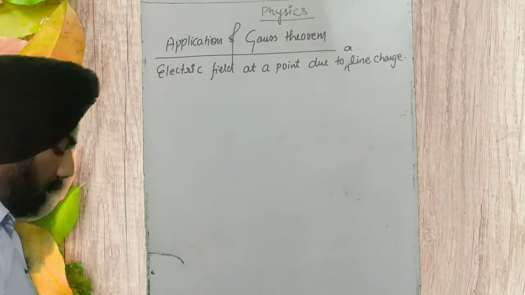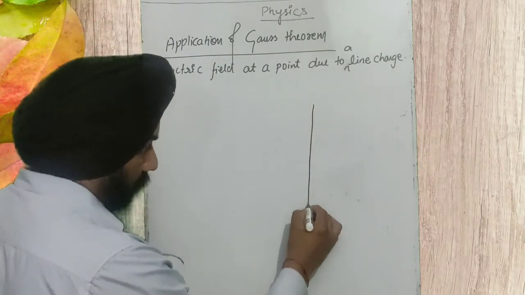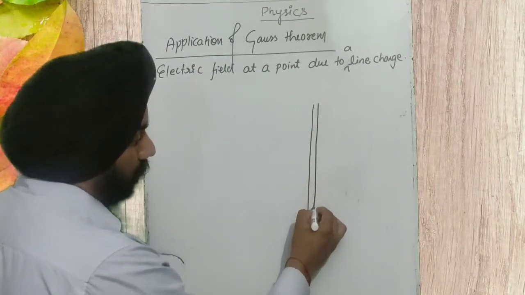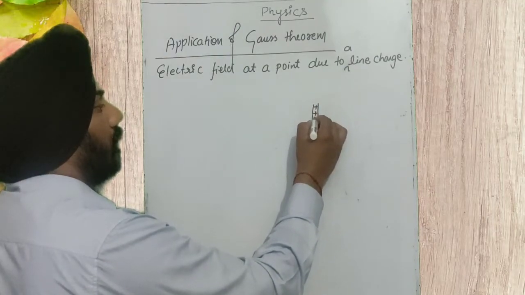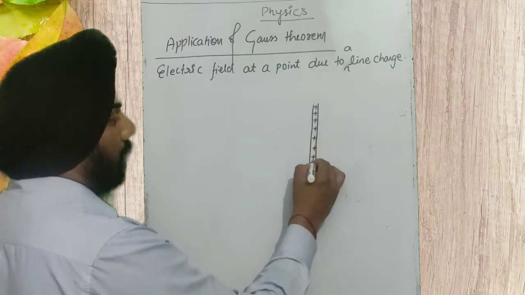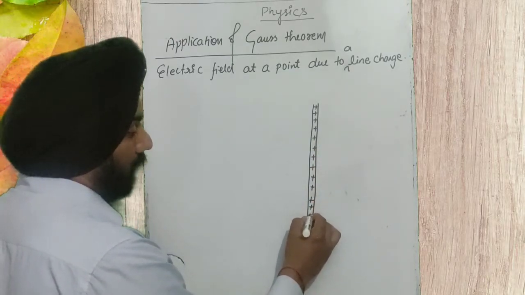What is a line charge? Suppose you are having a wire, and a charge is given to that wire, which is distributed in the whole wire across its length.